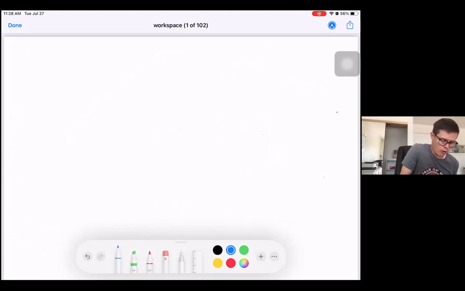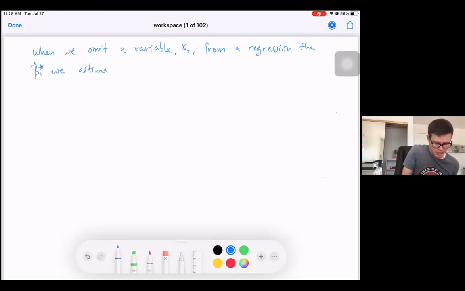So what we were able to derive is, when we omit a variable x2 from a regression, the beta 1 star we estimate is the following.